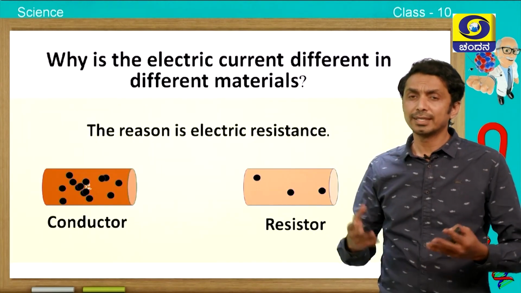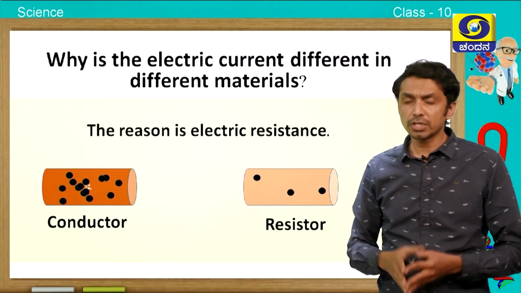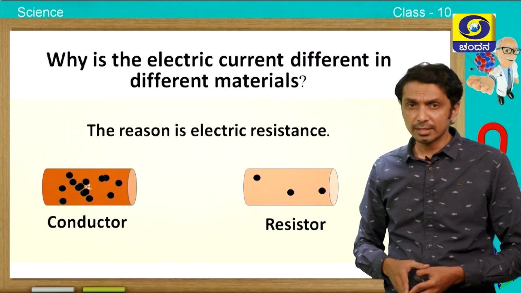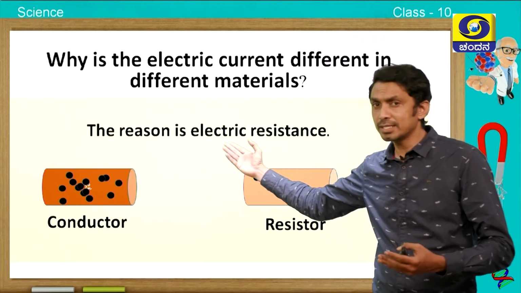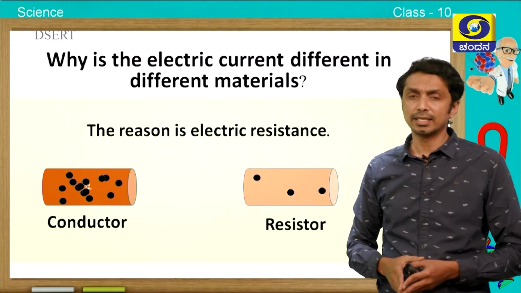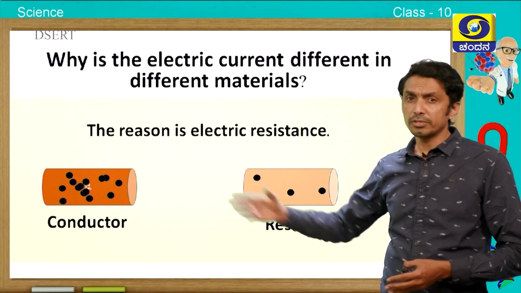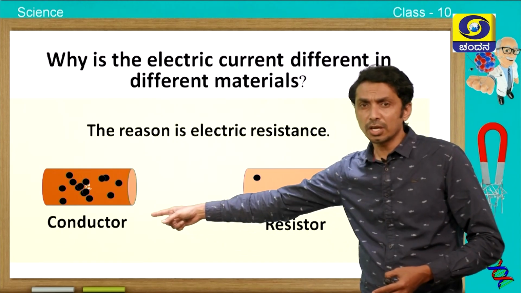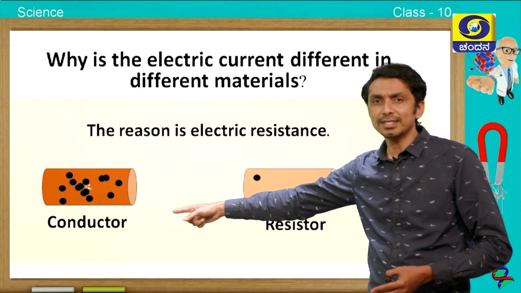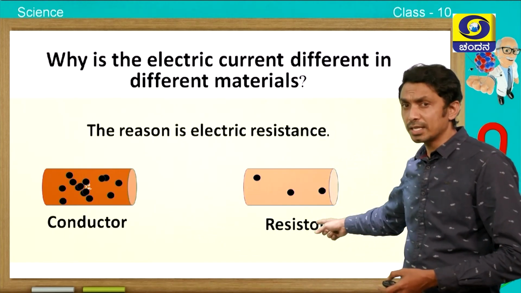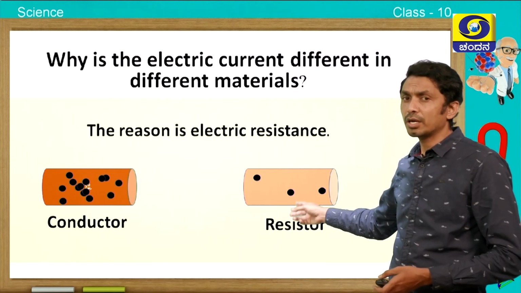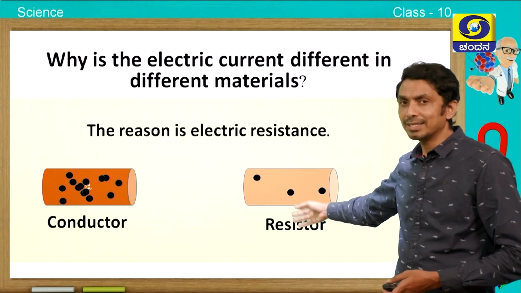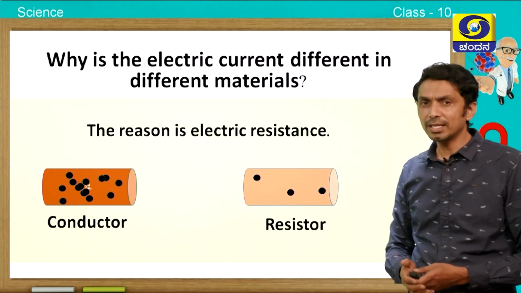Why do you think the flow of charges is different in different materials? Yes, it is because of the resistance of the material, right. So, as you can see, if it is a conductor, then we can see the charges are flowing very easily, whereas if it is a resistor, then what do you observe here? Here the flow of charges is very less.